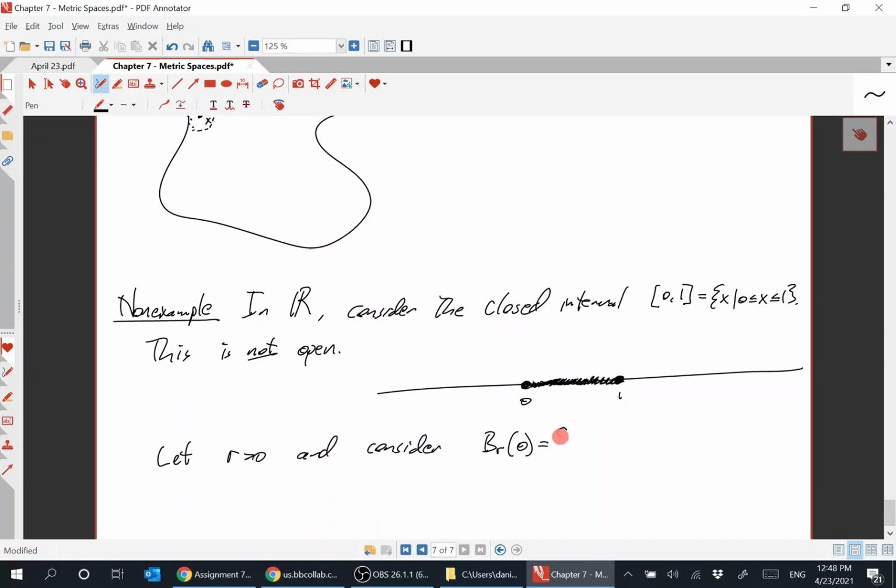It's everything whose distance from 0 is less than r. What's that going to be exactly, in the space of real numbers, where distance is the same thing you've been working with all these years?